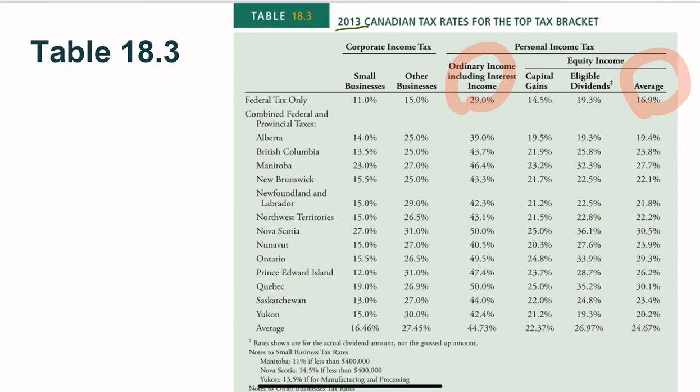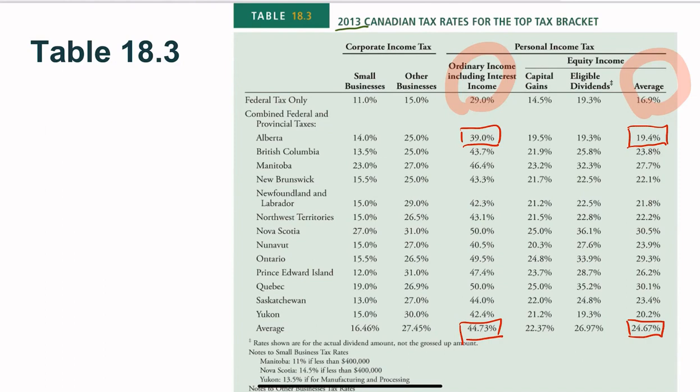So this is the average equity income tax. You can look at these numbers. What you can see here is for every province or territory in Canada, the tax on interest income is always higher than the tax on equity income. And you can also look at the average.